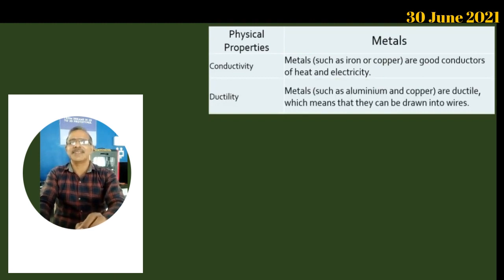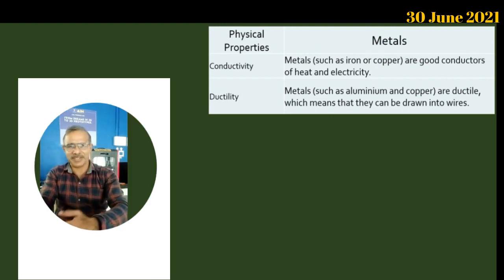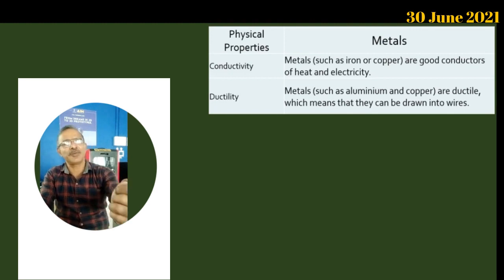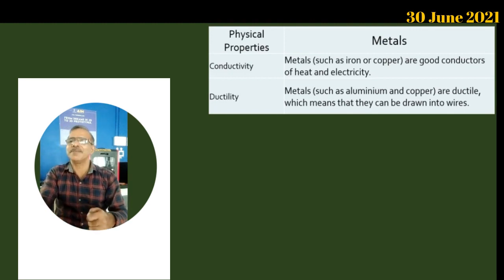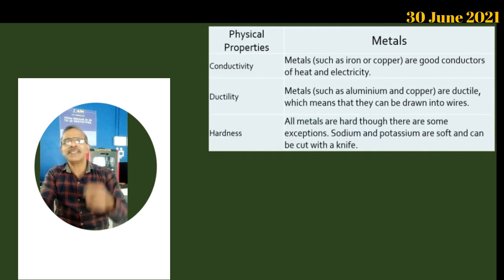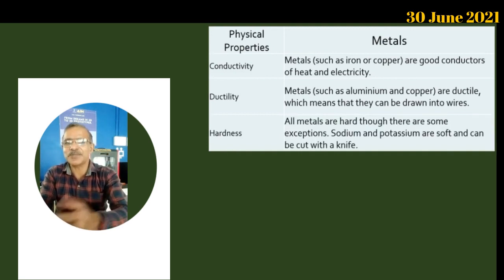Ductility. Metals such as aluminium are ductile. Gold is very much ductile. Right? Ability to draw wires from metal. The next is hardness. Metals are all hard, except few. Sodium is not hard. Potassium is not hard. They are soft.